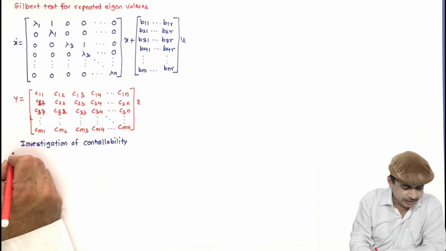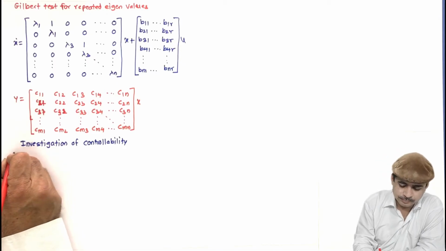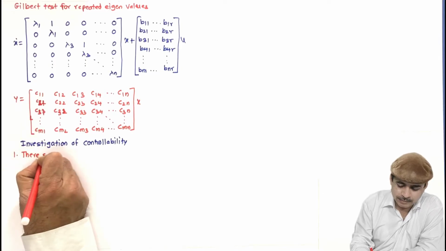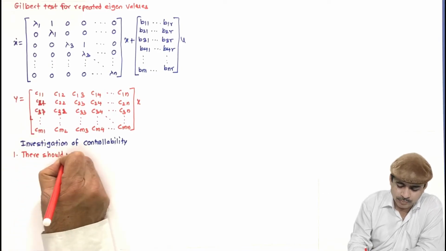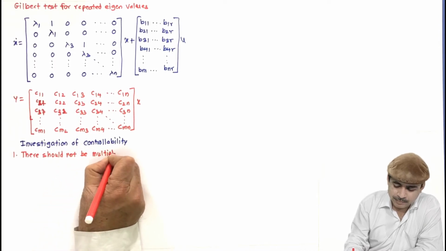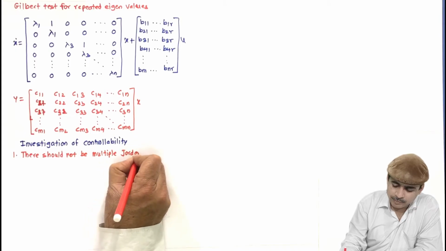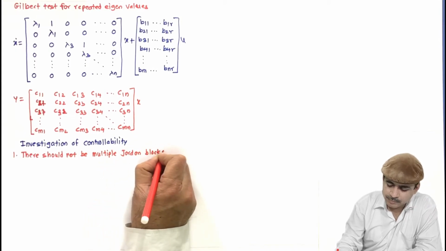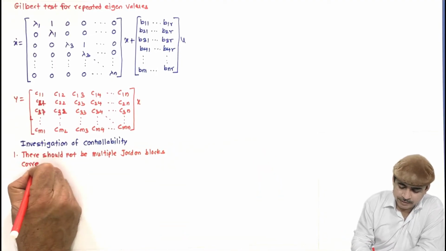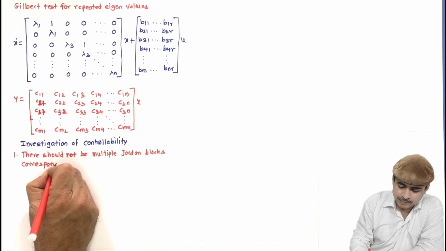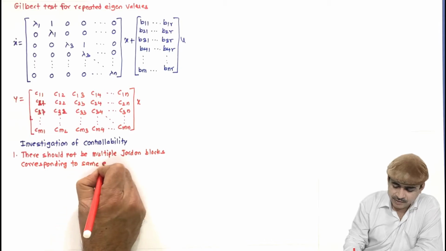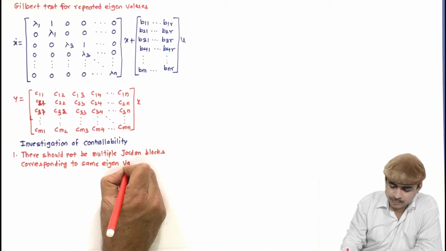So the condition number 1 is there should not be multiple Jordan blocks corresponding to same eigenvalue.